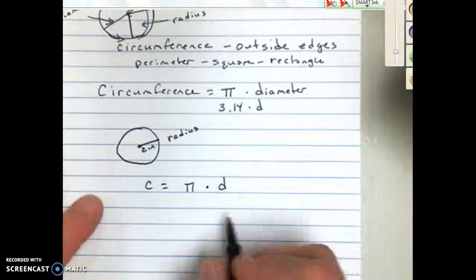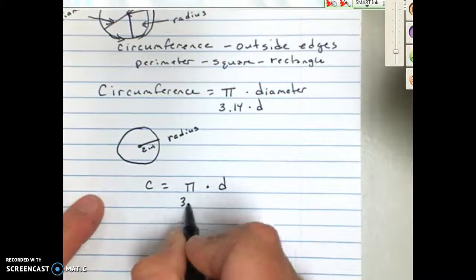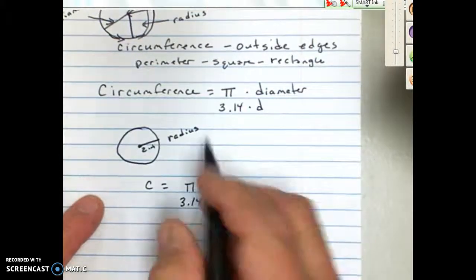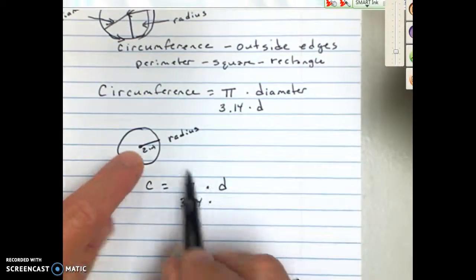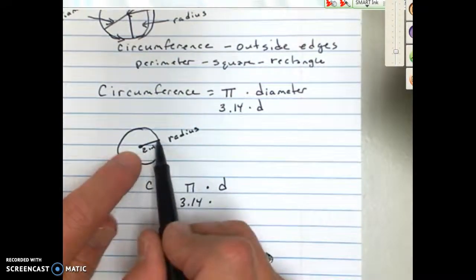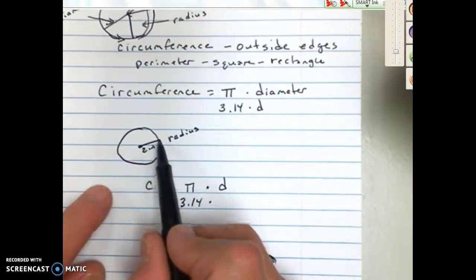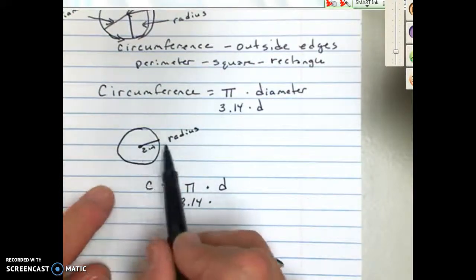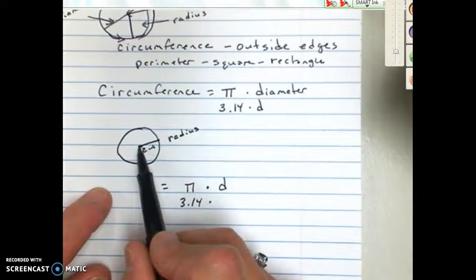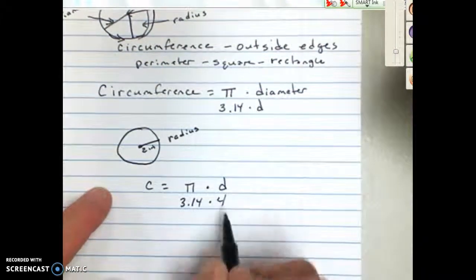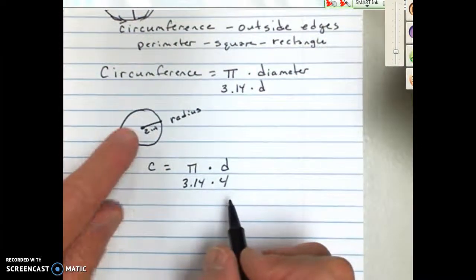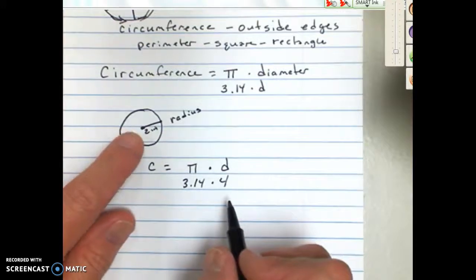Now in this case, pi is 3.14 times the diameter. Since the radius goes from the center to the edge, the diameter goes all the way across. So if the radius is 2, what do you suppose the diameter is? If you said 4, you are correct. So the diameter is equal to 4 in this case, even though in our drawing it only showed us the radius.